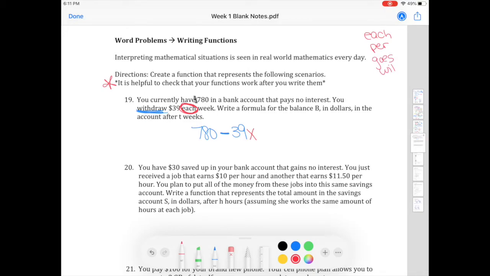If you have something that says like each hour or per hour or anything like that, that means it goes with the variable, or in this case, the x. So those words, each hour, per day, whatever it may be, that means it goes with the x, because that number for this problem, that 39, changes for every single week that we have these withdrawals coming out of the account.